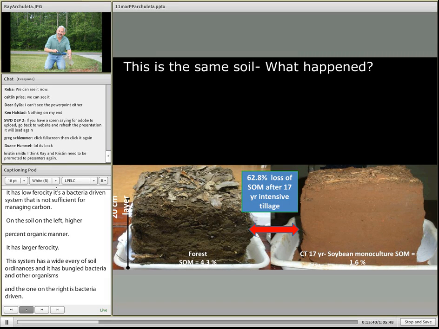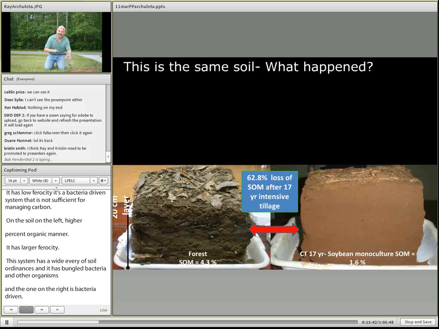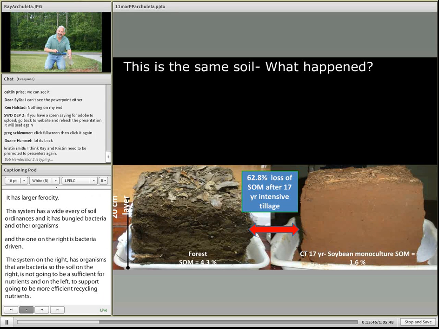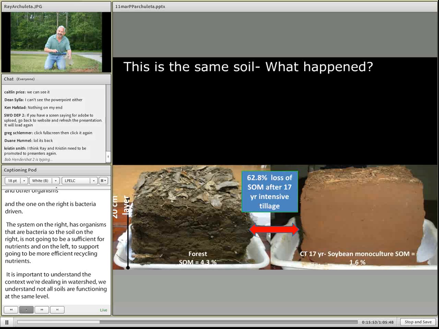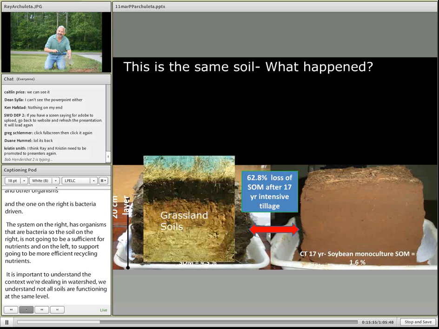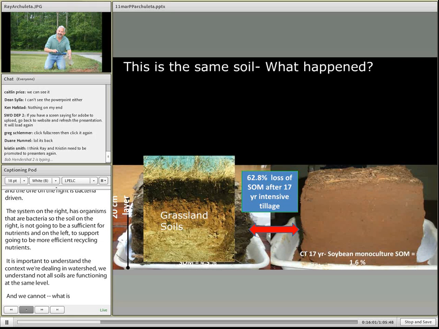It's real important to understand our context when we're dealing in the watershed, and we understand that not all soils are functioning at the same level, and we cannot treat them the same. So it's really important that we understand this concept. Let's go to the next one, Leslie, please. Also, because we have many people in the West, and I grew up in the West, we had those short grass prairie soils.